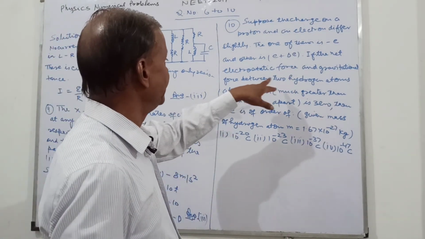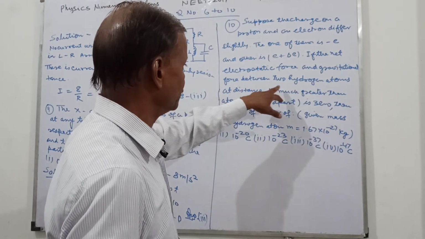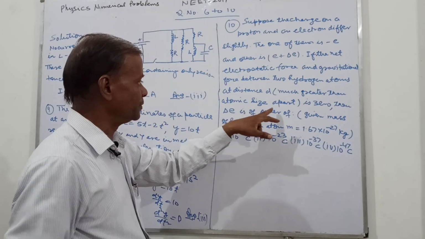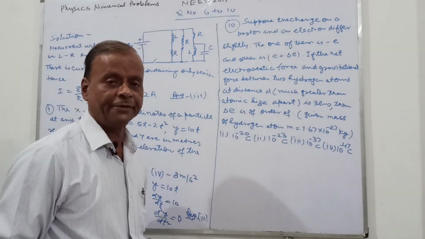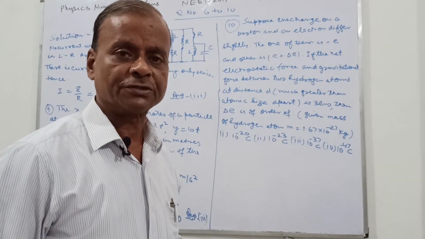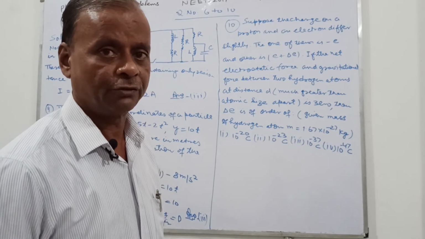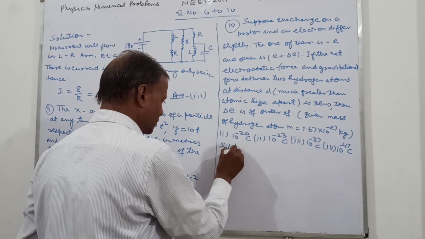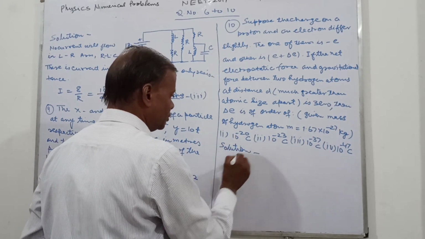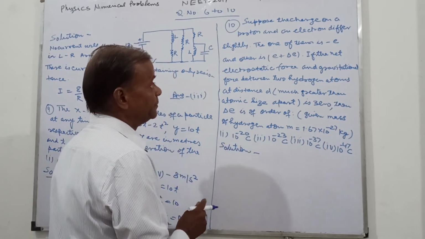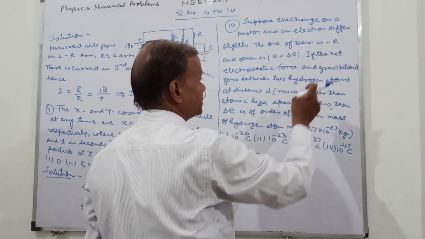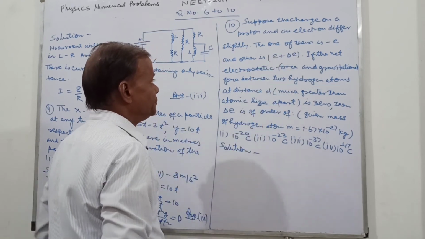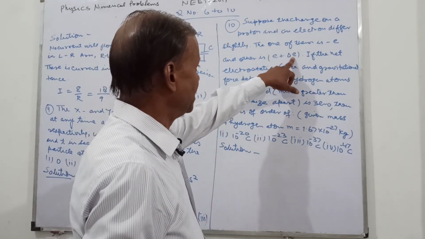What is given: if the net electrostatic force and the gravitational force between two hydrogen atoms at distance d much greater than the atomic size apart is 0, it means that the electrostatic force and the gravitational force are equal and opposite. So what we are given is the change in the charge.